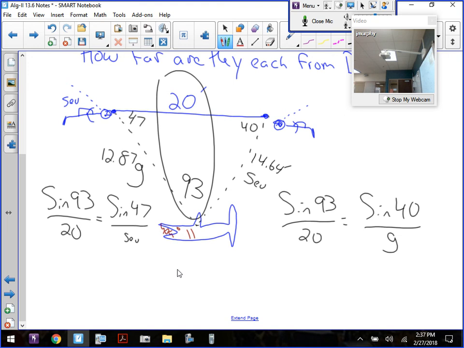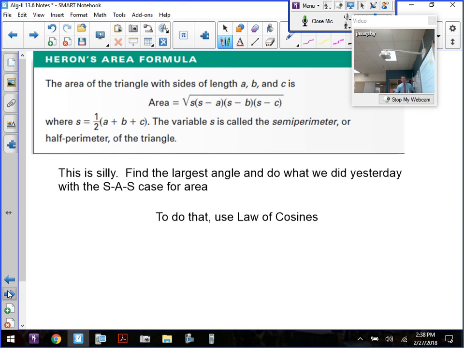Here's what I got for us tonight. Oh, by the way, I almost forgot. There's this whole thing: how do you find the area of a triangle given side, side, side? It's silly. Find the largest angle first using law of cosines and use the trick that we showed you yesterday.